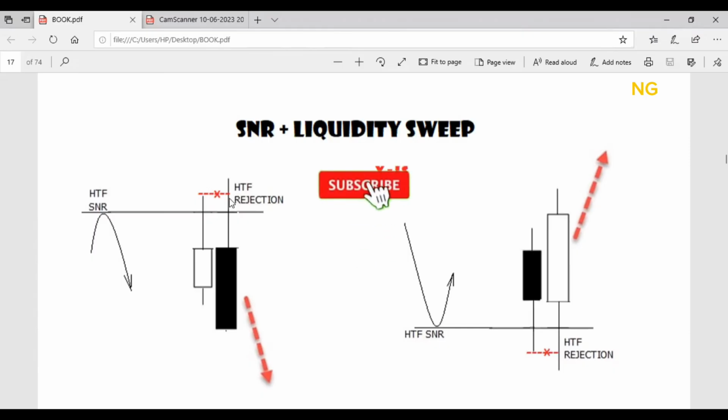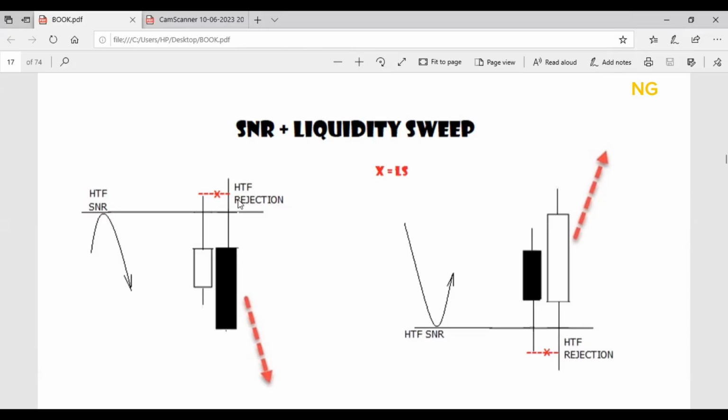The candlestick does not need to close above this level of previous high to give you a sweep. As long as it has been breached, price broke through it, and we drop back, and you see this pin bar above this place, and it comes up at the level of your SNR.